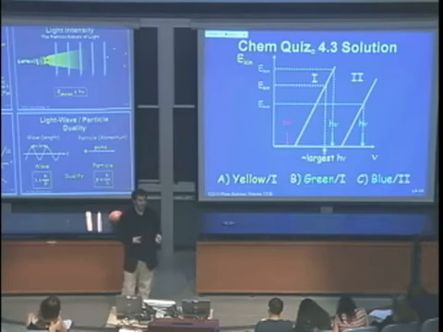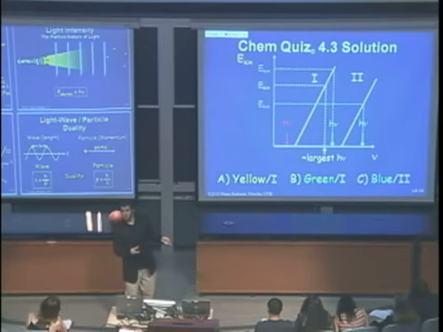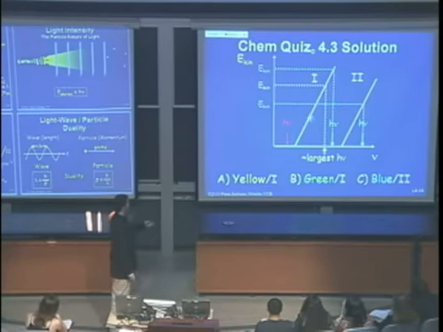Now, what about blue on metal 1? Sure, why not? This curve would keep going up, so blue's somewhere up here-ish, so its kinetic energy would be off the charts.